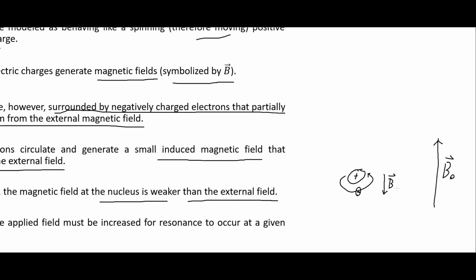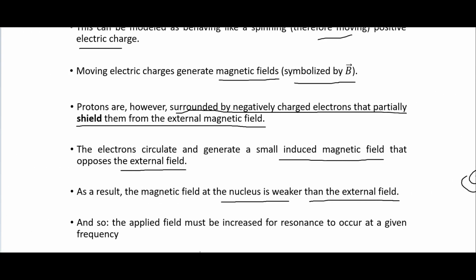We can call that the B induced. And so the magnetic field felt at the nucleus would be the B sub naught minus the B induced. So it actually feels a weaker magnetic field than what is actually in the external magnetic field.